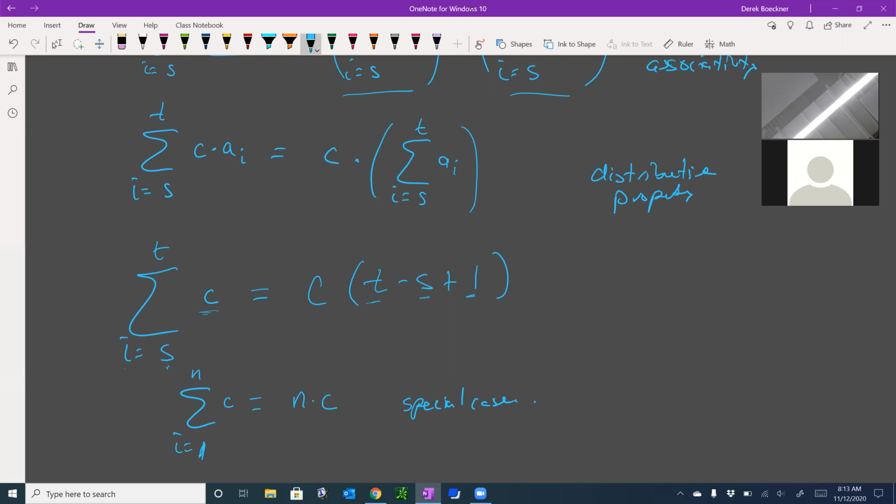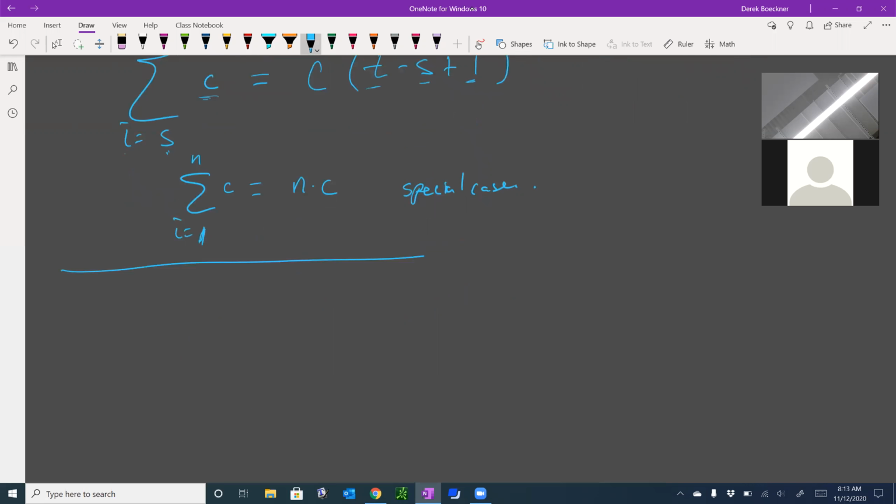There's a couple more finite sums that are nice to know, and we're not going to prove them in this class, but they are easily provable.